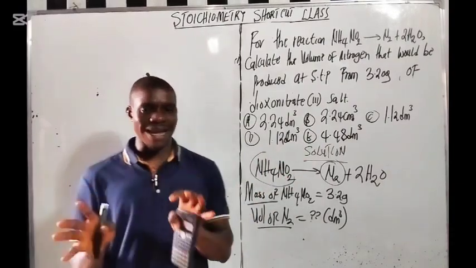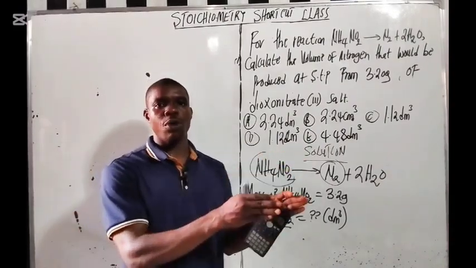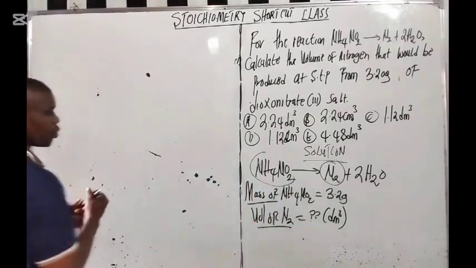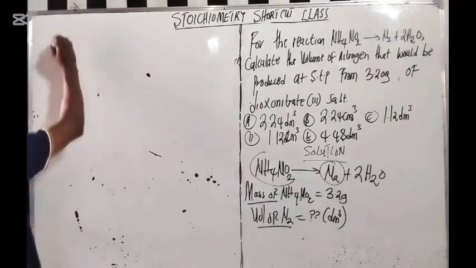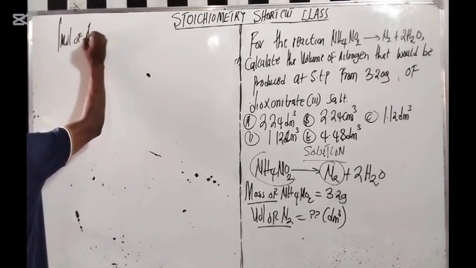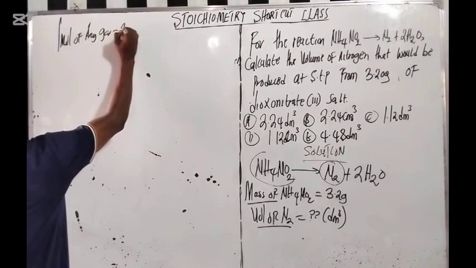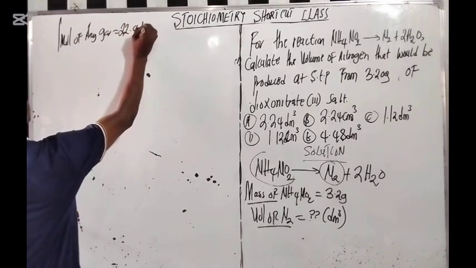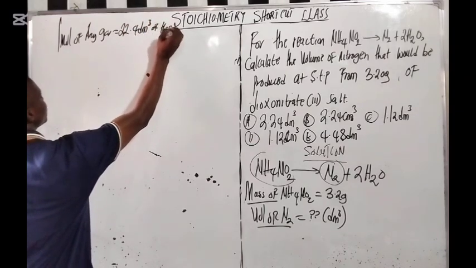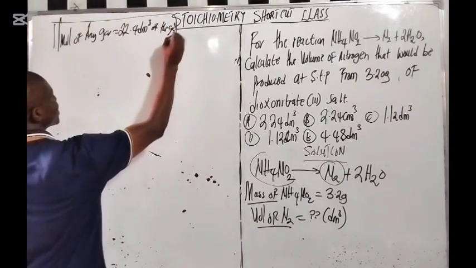Now when it comes to gases, one mole of any gas is equal to 22.4 dm cube. So what you want to put in your mind is that 1 mole of any gas is equal to 22.4 dm cube of the gas. Do you understand? You have to take it down here.